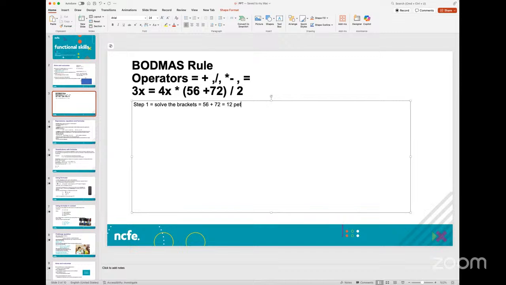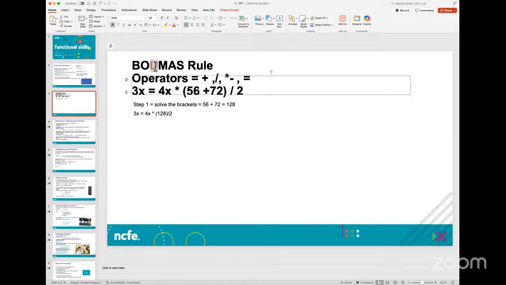So first and foremost I have solved the bracket, which is 128. If I have to rewrite this equation, it will become 3x equal to 4x multiplied by 128 divided by 2. Now, after the brackets, the first operator which comes is division.